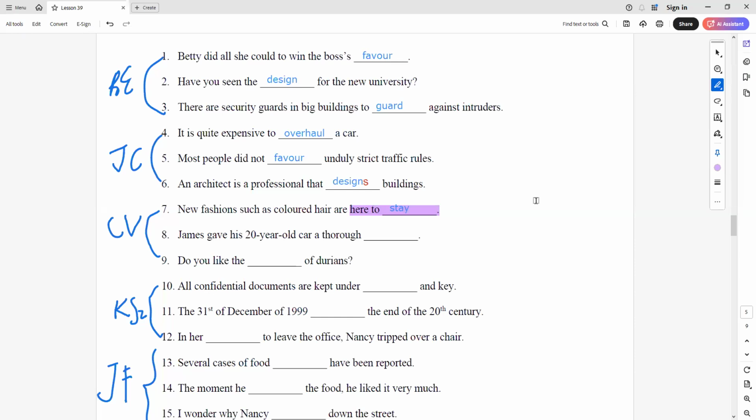New fashions such as colored hair, 就是有颜色的头发, are here to stay. Are here to stay is become very common there and it's very popular there. Okay, number 8.